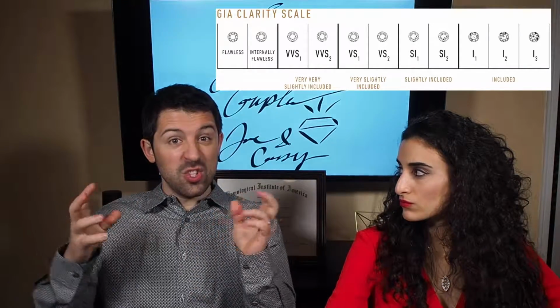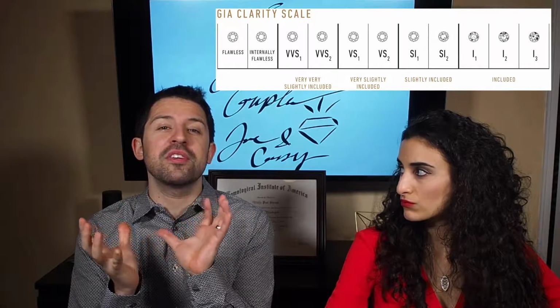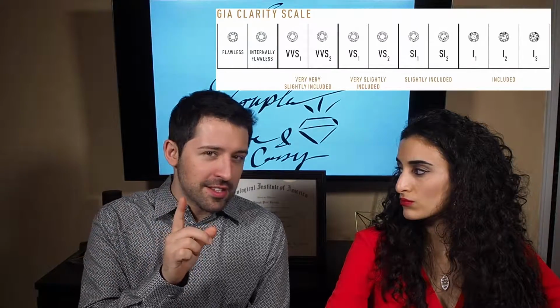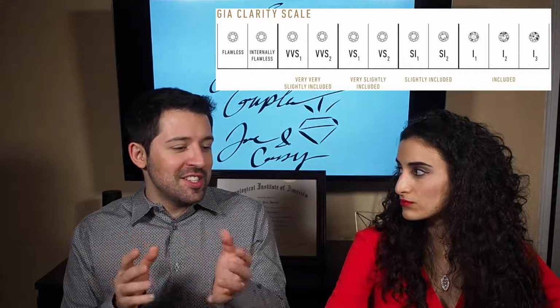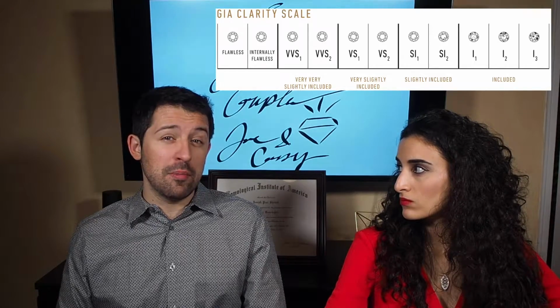Other SI2s might be nicer, off to the edge, white marks, maybe a few more, but they're not visible to the eye. That's what we kind of look for in the VS, and then, of course, in the SI1, which is after that, and then the SI2 range. After that, you start to see things to the eye very easily. In the SI2 category, even, sometimes you could see the marks to the eye.